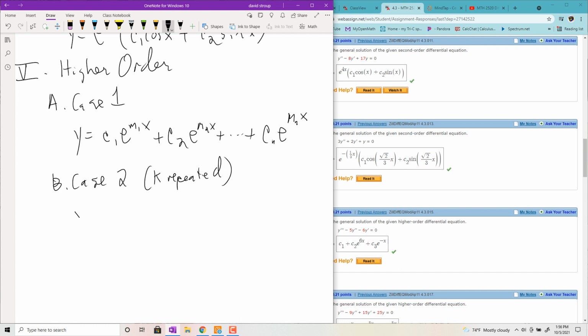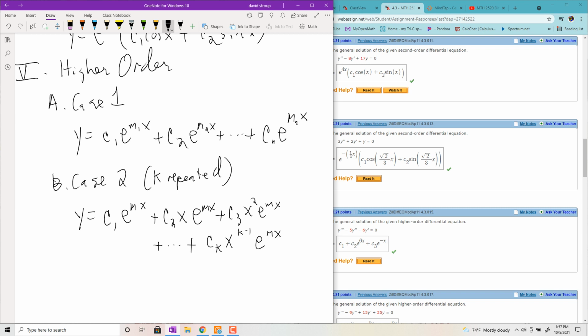So if you had root m repeated k times, your solution would be c1 e to the mx plus c2 x e to the mx plus c3 x squared e to the mx plus, and so on, plus ck x to the k minus 1 e to the mx.